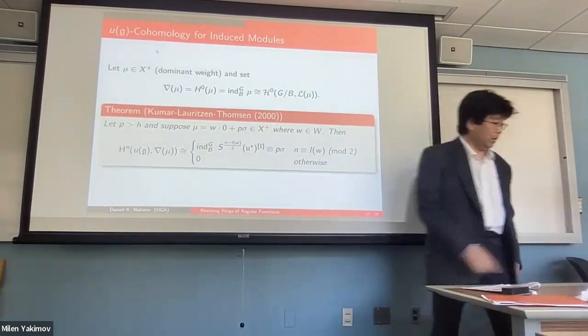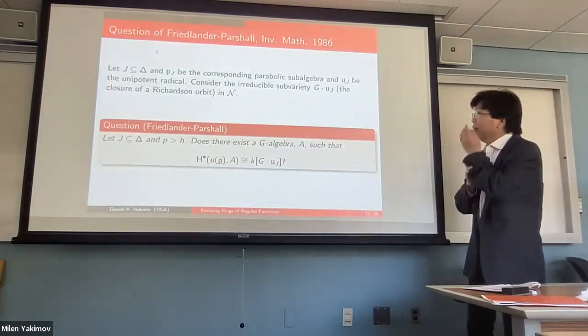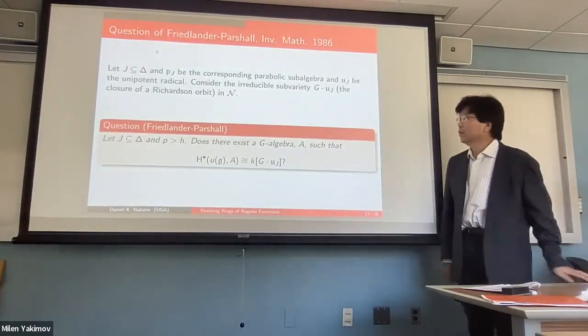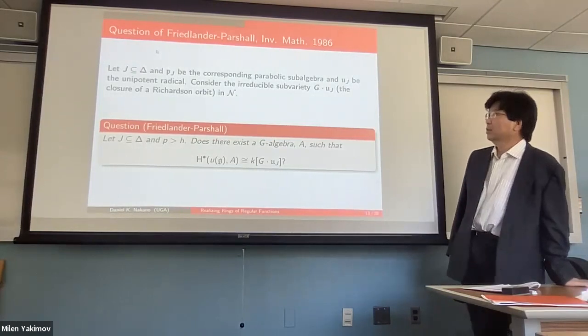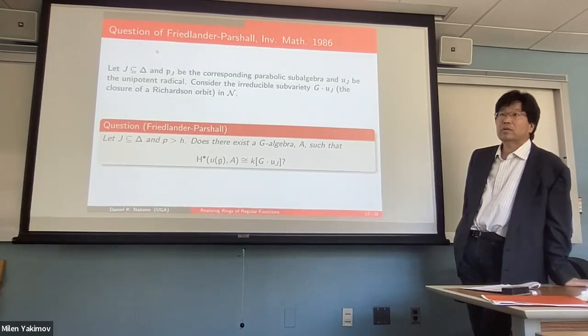All right, so back in 1986, Friedlander and Parshall asked the following question. Suppose you take a subset of simple roots, and you take the parabolic associated with that, and you take its unipotent radical.